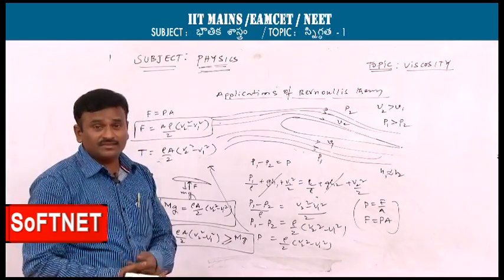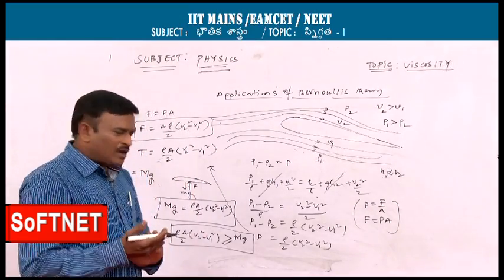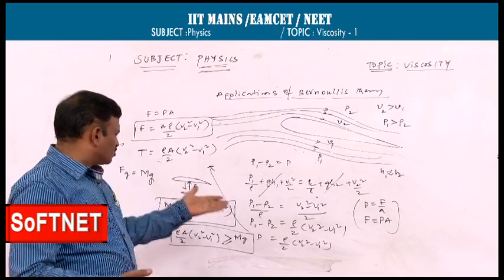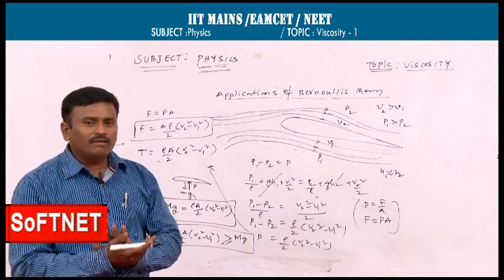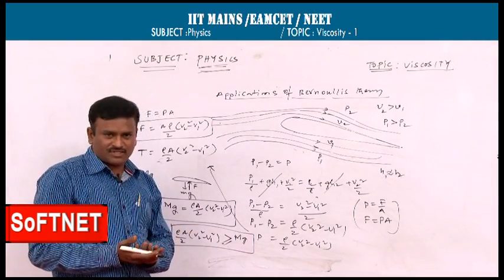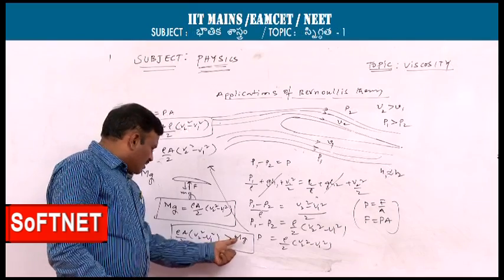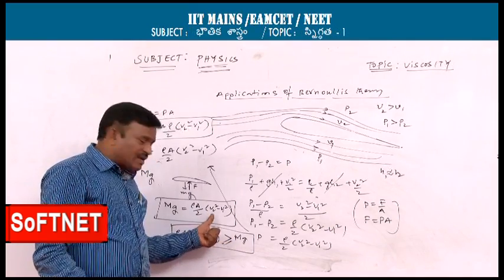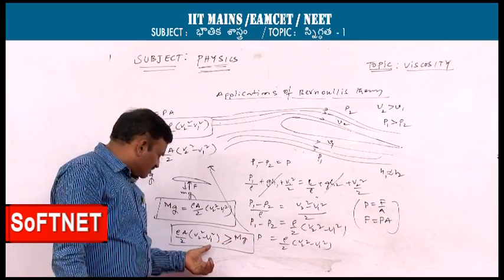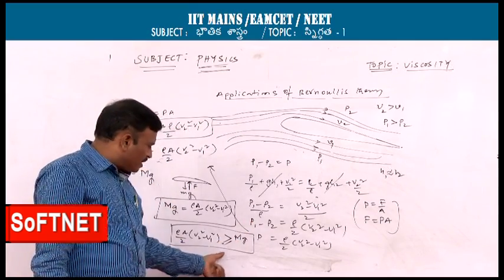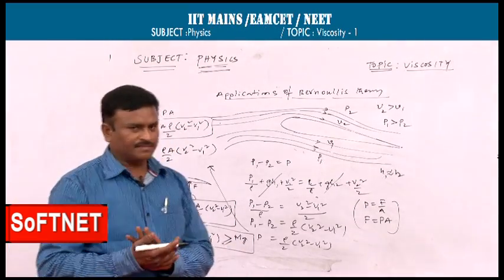They may ask the question: what may be the condition for which the aeroplane wing can be lifted, aerodynamic lift takes place? The condition is that the expression you get from the derivation using Bernoulli's application should be greater than or equal to the weight of the aeroplane wing.